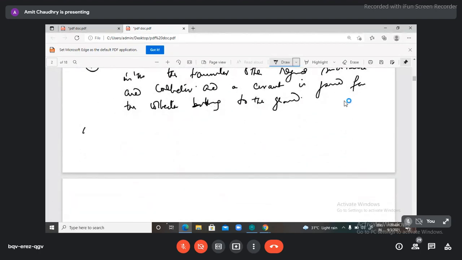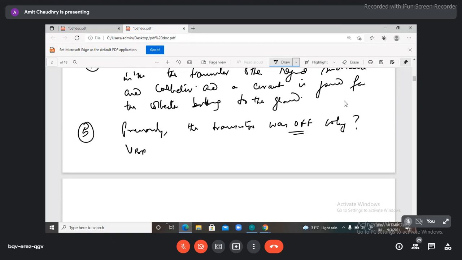Previously the transistor was off. Why was it off? Because your base voltage applied through RB was less than 0.7 volts. It was off.